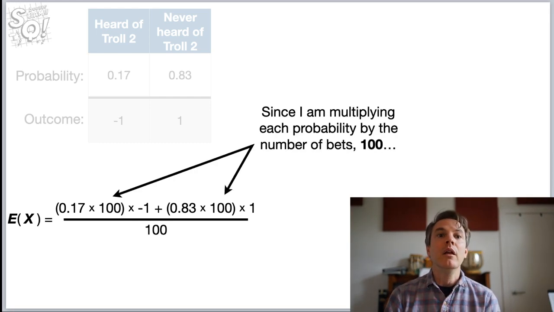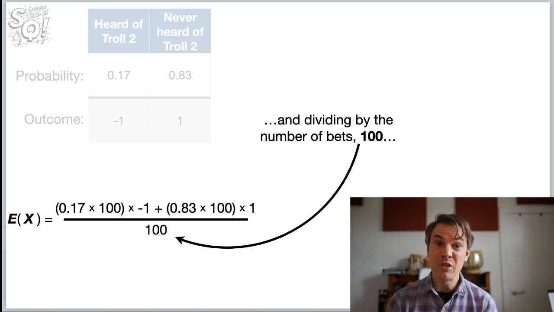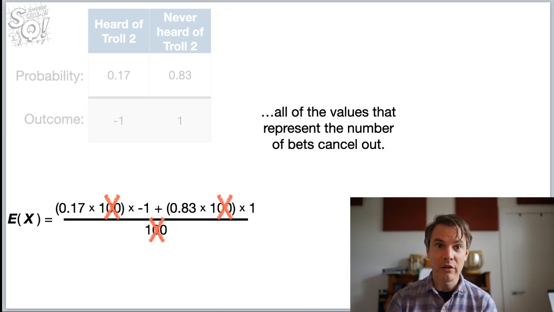Okay, since I'm multiplying each probability by the number of bets, and I'm dividing by the number of bets, 100, all of the values that represent the number of bets cancel out.